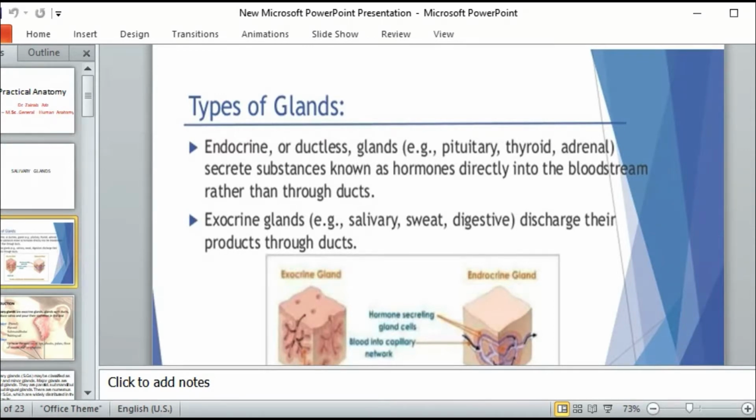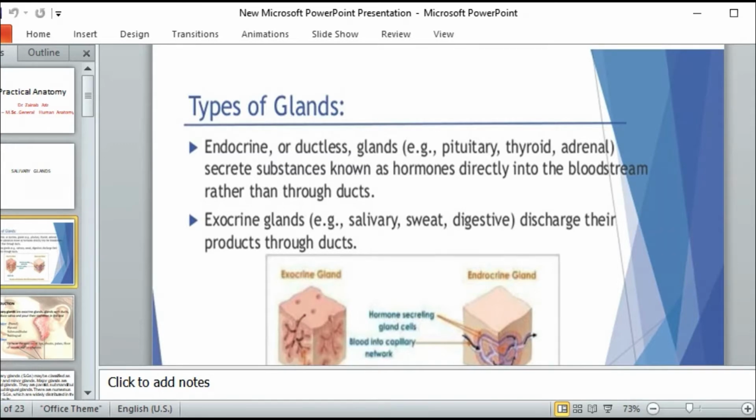Exocrine glands secrete their secretion through the duct, while the endocrine glands directly secrete their product into the bloodstream. The product of the endocrine is called hormones, while the product of exocrine is called saliva, sweat, digestive secretion.